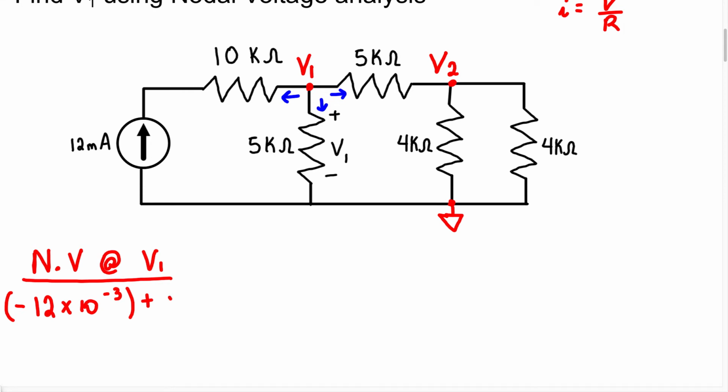So we have V1 over 5K, which is 5,000. So this right here is going to be the current flowing through this resistor. So ignore this for now. I know it's there, I know it's V1, but just ignore it. We actually care about the voltage at that particular node, not what this voltage is labeled as.